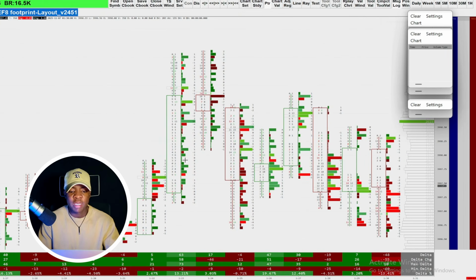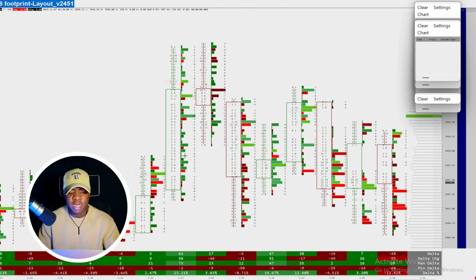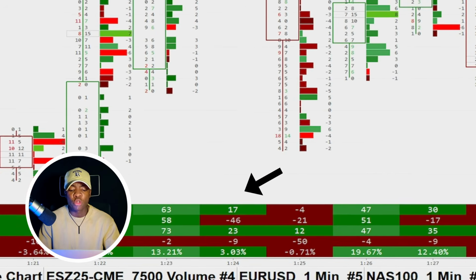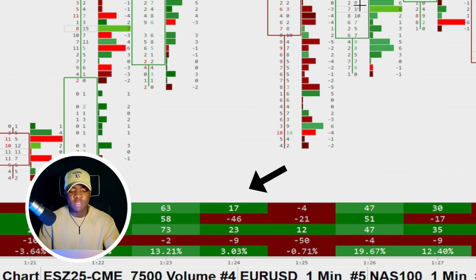But before that, we needed to see the confirmation with the footprint chart. Of course, we saw this absorption happening here. This is a red candle, but it had lots of buyers in it, meaning this was a red flag for the retailers and a green flag for us that wanted to go up.